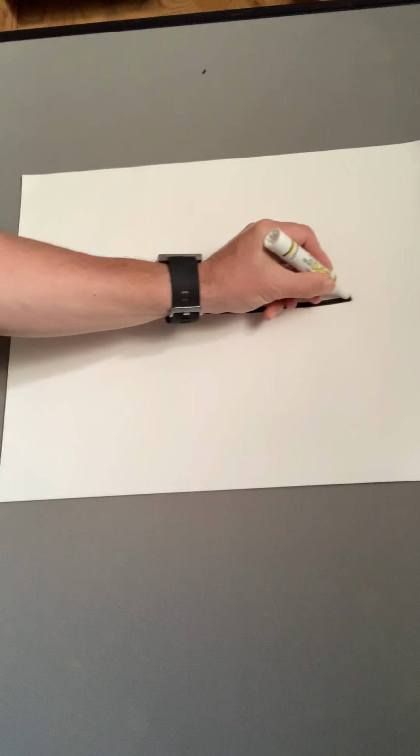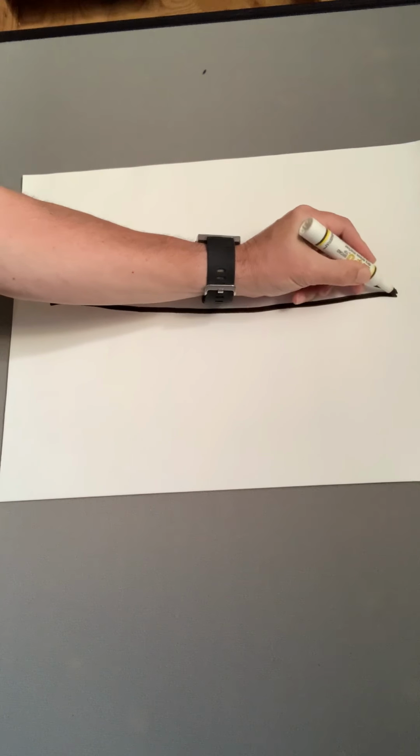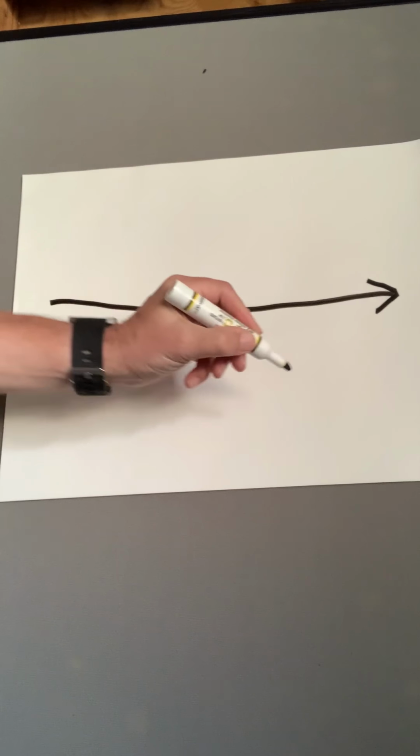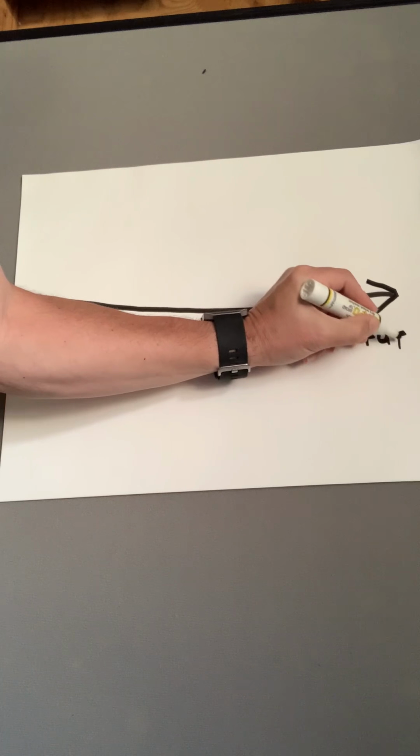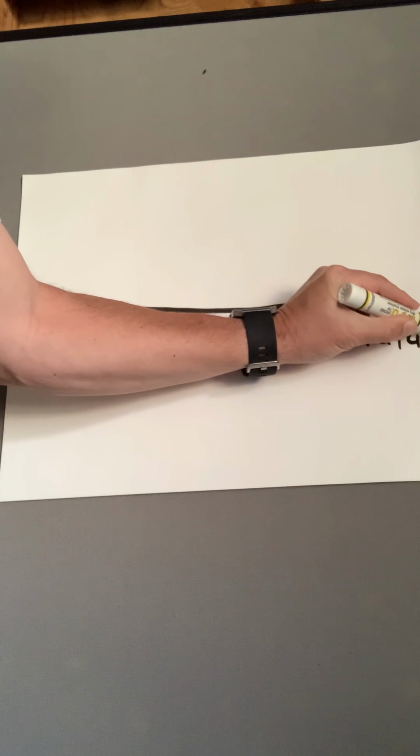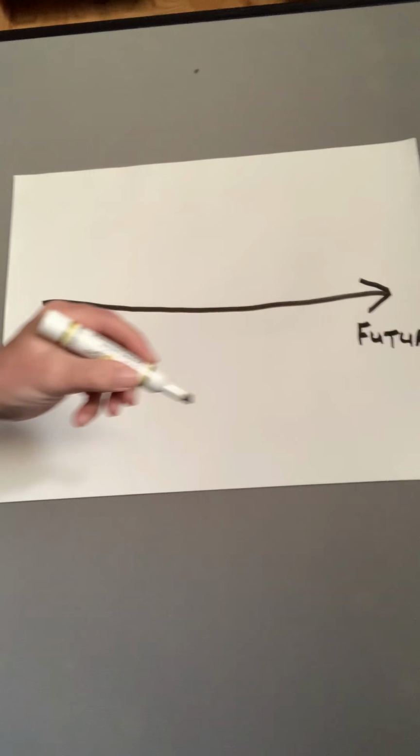Okay, so as I said to you, we're going to talk about temporal gaze. And temporal gaze is where you're looking in time. So if I draw a line along here with my marker, and at this end of it, I put a nice big arrow, and I put underneath that arrow, future, in my best handwriting, which isn't very good.